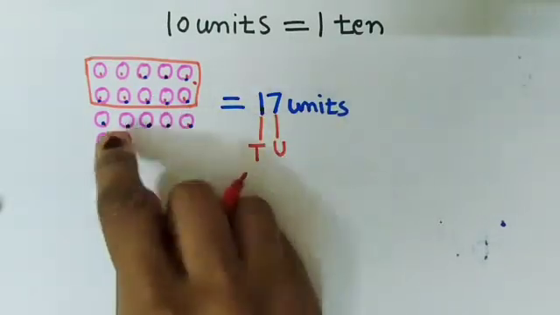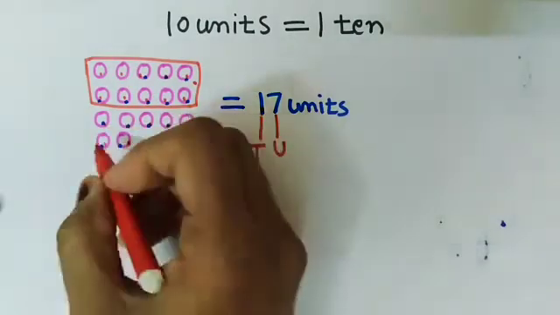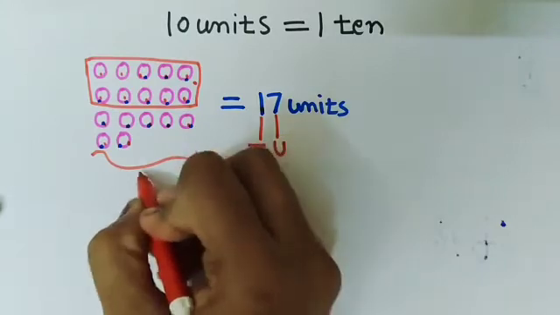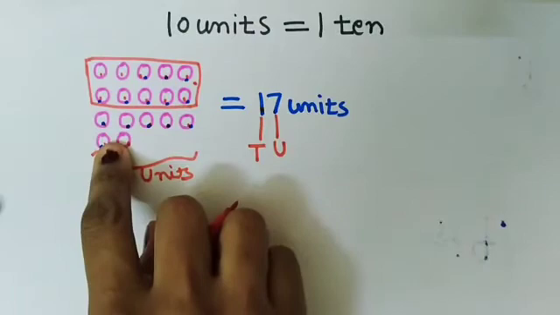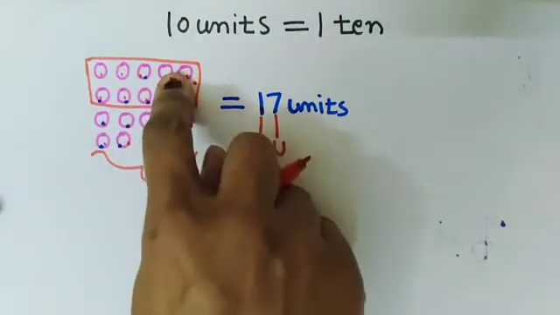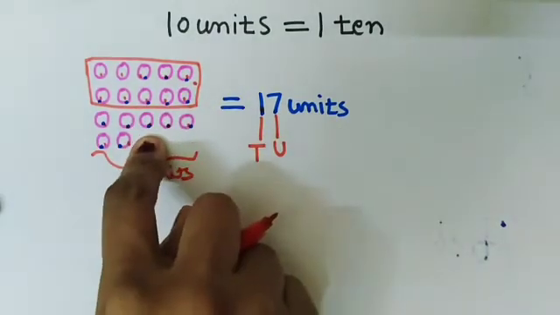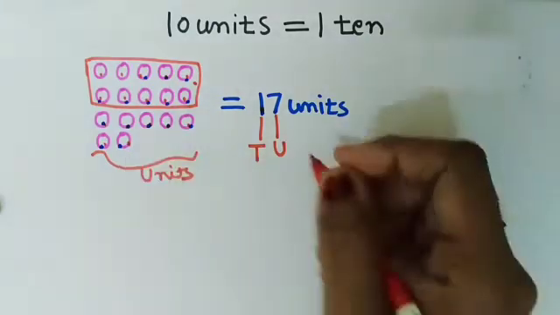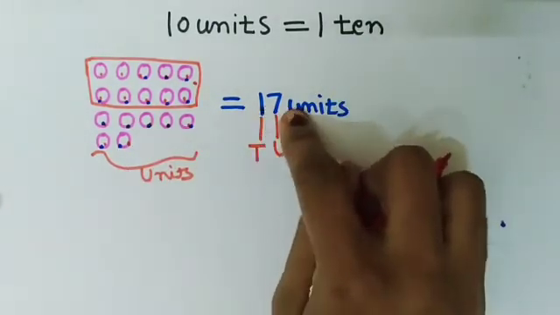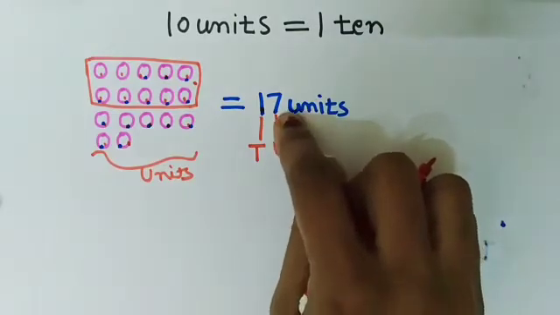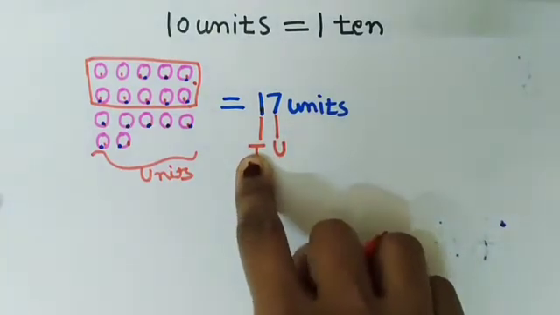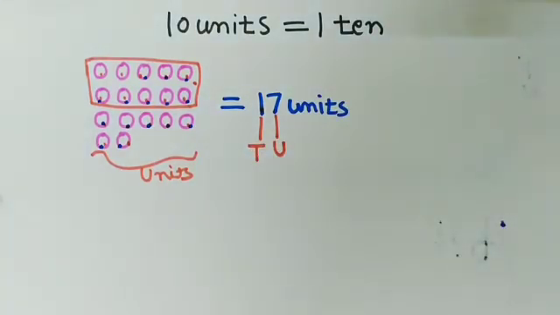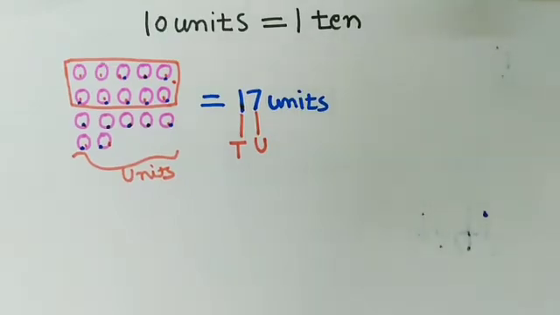The remaining beads are units. So you have 1 ten and 7 units. Now we will take some examples of addition to understand this concept again.